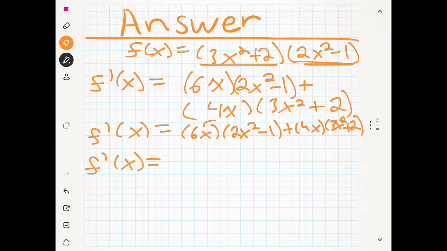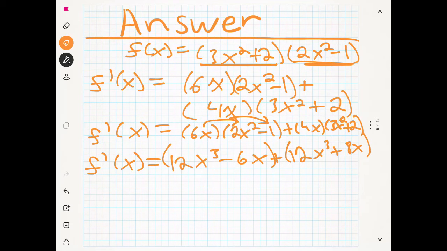So 6x goes into here, multiplies into 2x squared and negative 1. So 6x times 2x squared is obviously 12x cubed minus 6x, right, plus, and please remember to keep these brackets until you've opened up everything, 4x times 3x squared is 12x cubed plus 8x.